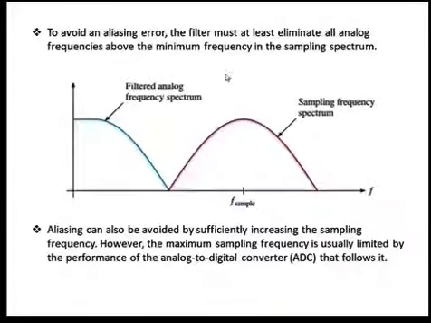Basically this is the same interpretation of the sampling theorem. Aliasing can also be avoided by sufficiently increasing the sampling frequency. However, the maximum sampling frequency is usually limited by the performance of the analog to digital converter that follows it. We will study the analog to digital converter ADC methods inshallah in the next slides.